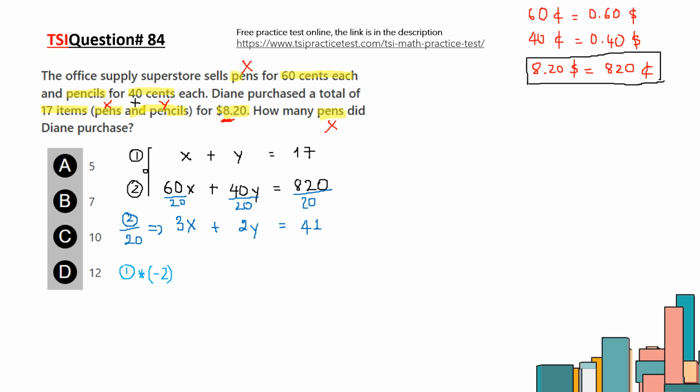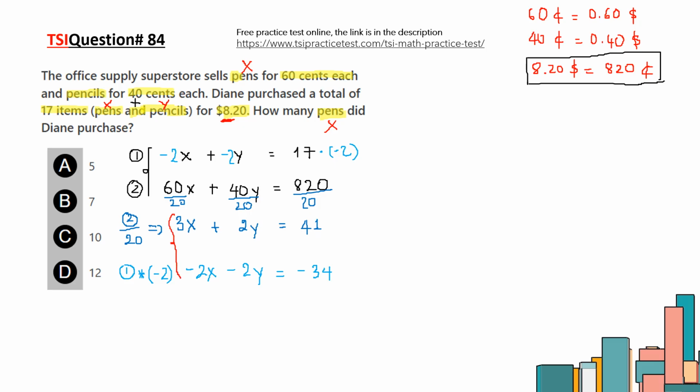So it becomes -2x, -2y equals -2 times 17, which is -34. I multiply -2 here, here, and here. Now I have a new system of equations that is easy to work with.